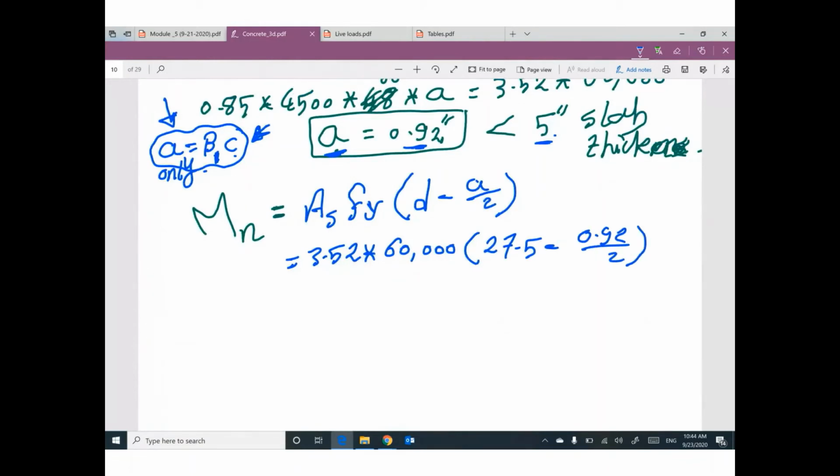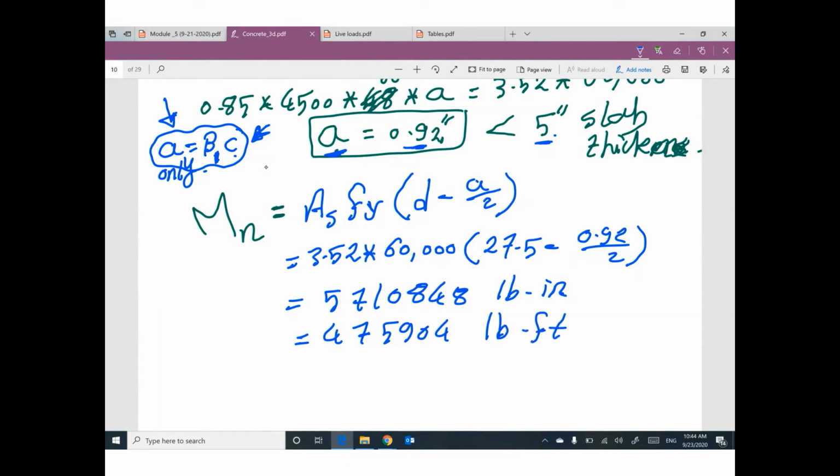Your nominal moment will be 3.52 times 60,000 times 27.5 minus this number divided by 2. Your answer will be 5,710,848 pound inch. Divide by 12, it will be 475,904 pound foot. Divide by 1,000, it will be 475.9 kip foot. Do you think we are done?